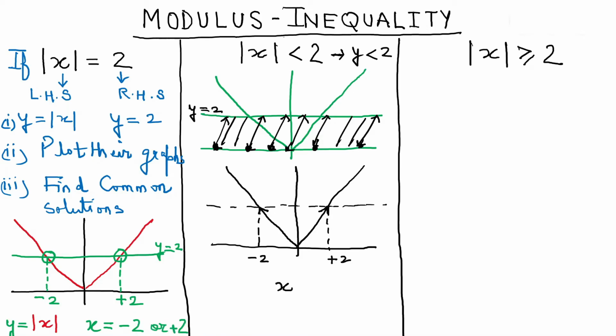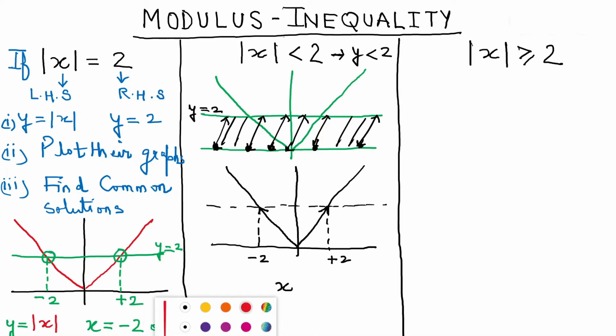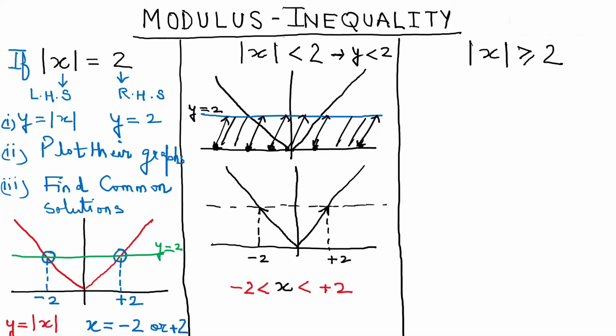So the point to be understood finally is, are we talking about x greater than minus 2 and less than plus 2? Are we talking about all such values of x? Yes. Because this is ideally the region that we are talking about.